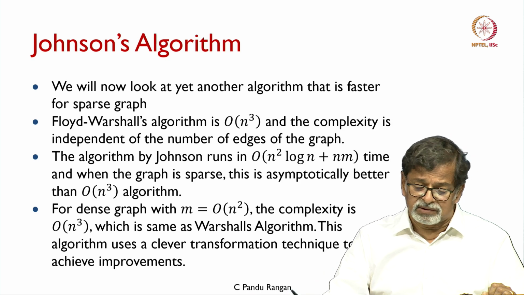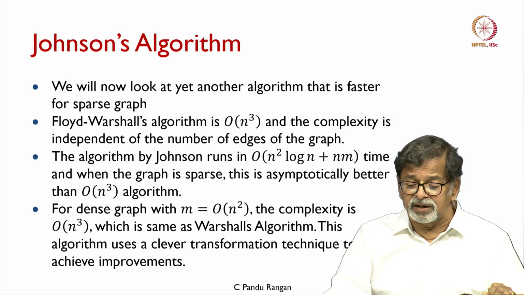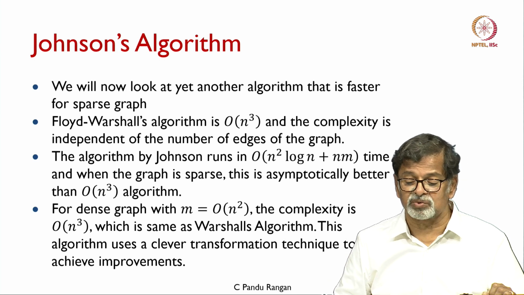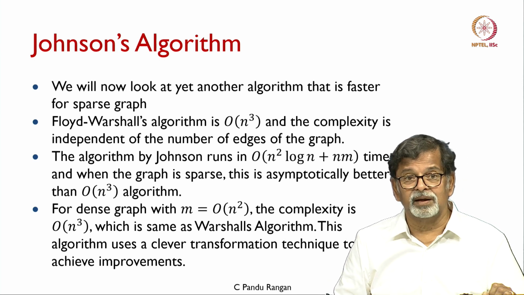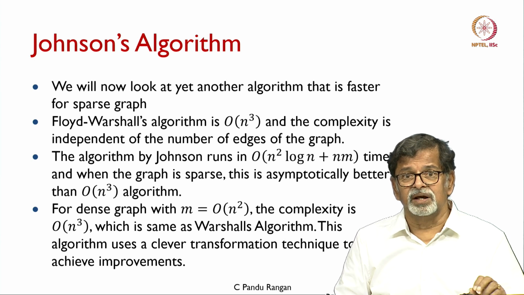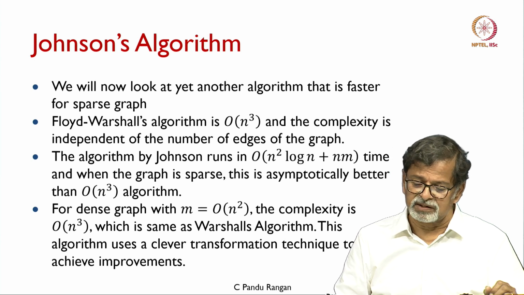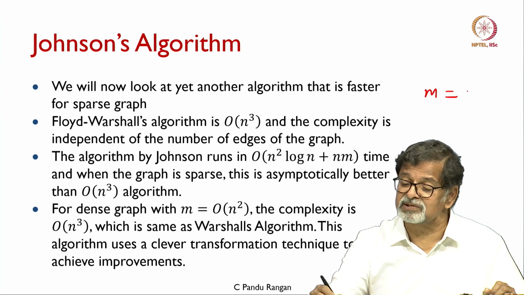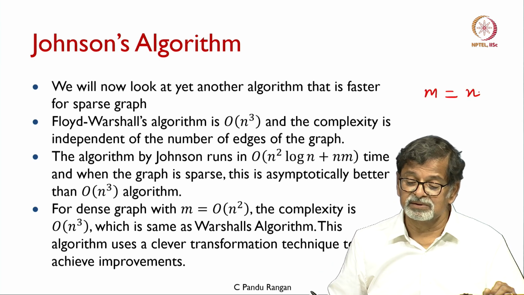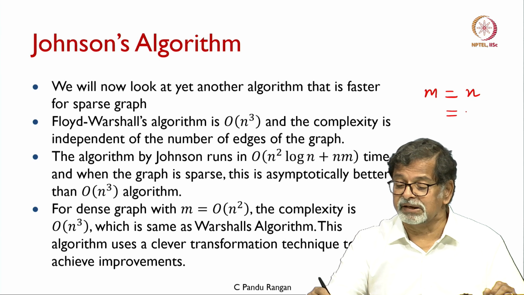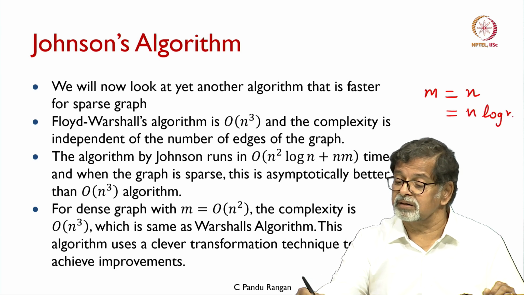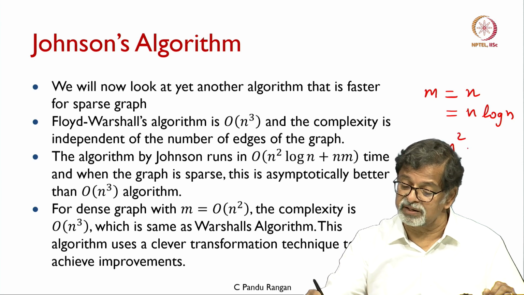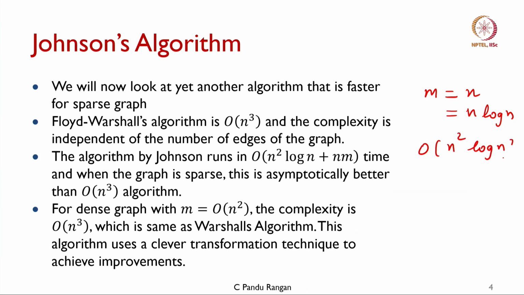The algorithm by Johnson runs in order n square log n plus nm time. So look at this expression, n square log n plus nm. M is the number of edges. If m is order n, or even if m is something like n log n, in both cases the complexity becomes order n square log n.